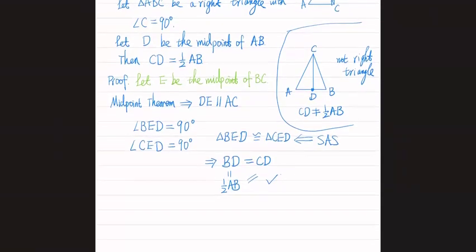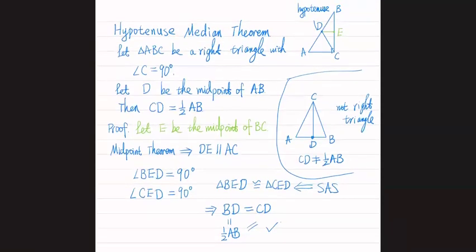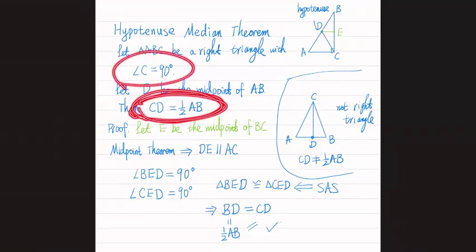And now we can go back. So from this condition, given any right triangle, if we have this, then there must be a right triangle.